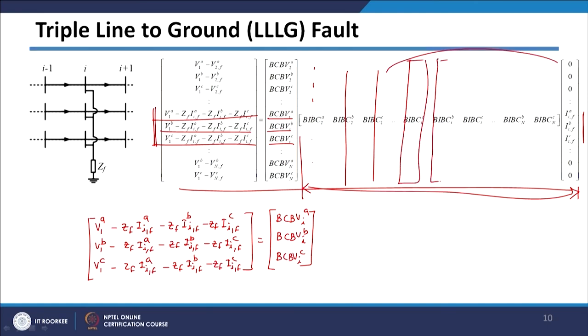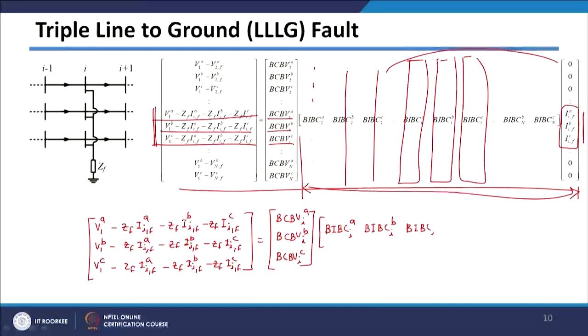Now these 3 columns are getting multiplied by the non-zero fault currents, otherwise all other currents are 0. Therefore, in simplified form I can write it like this: the BIBC column corresponding to A phase, BIBC column corresponding to B phase, BIBC column corresponding to C phase of the ith bus, and this is getting multiplied with the fault current in A phase, fault current in B phase, fault current in C phase.